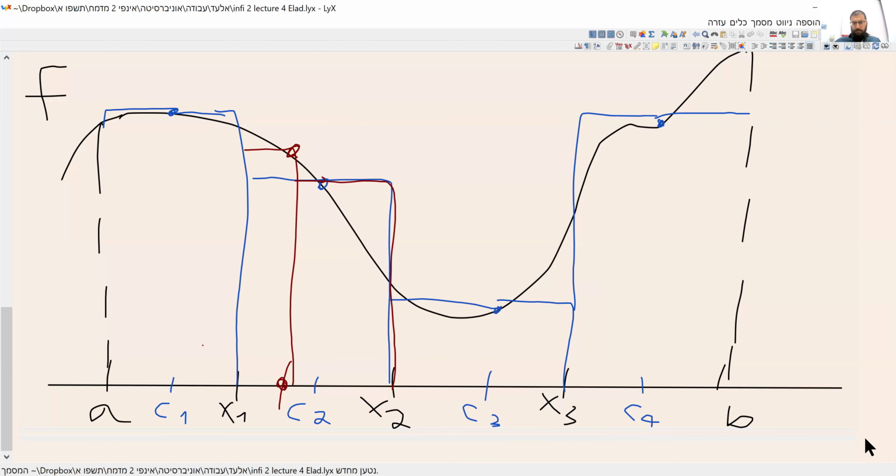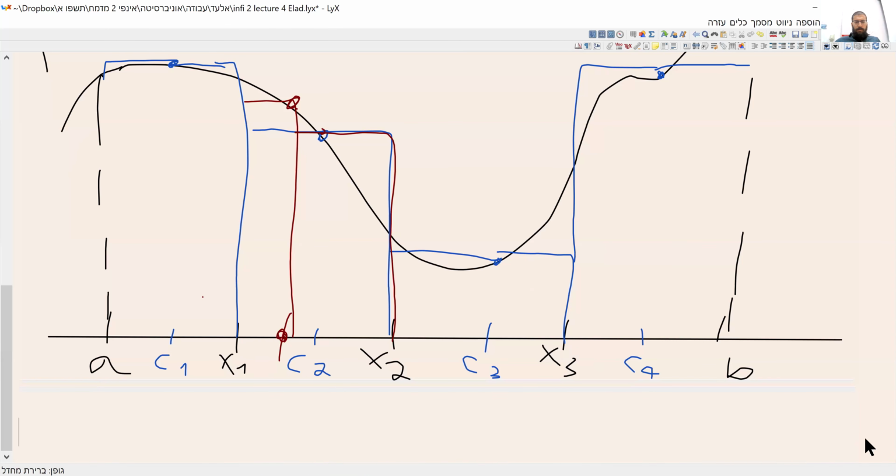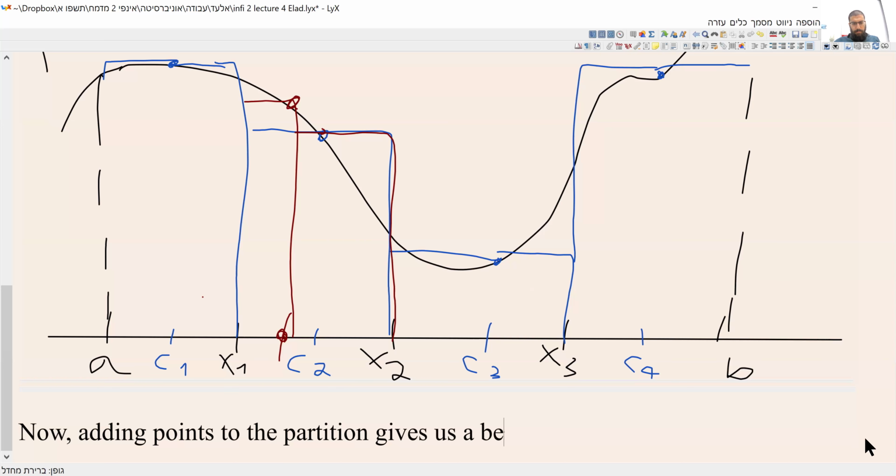Okay, so now adding points to the partition gives us a better approximation. That is correct.